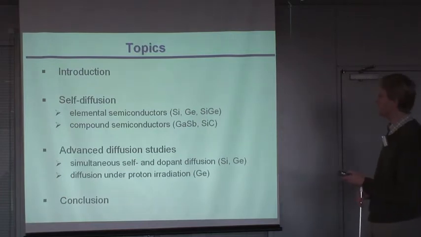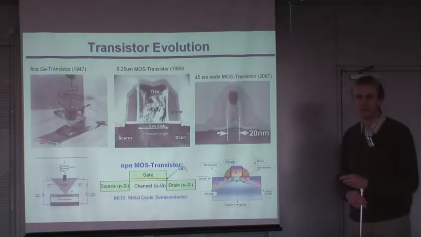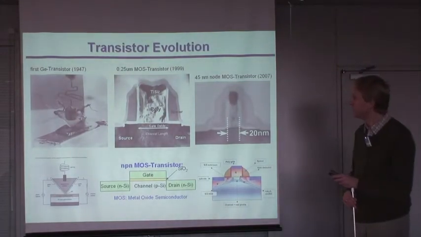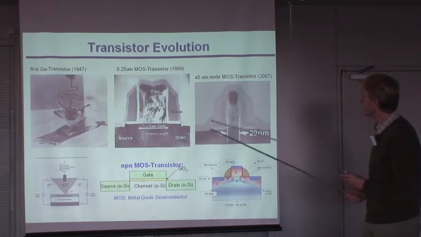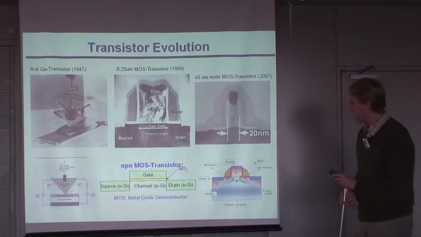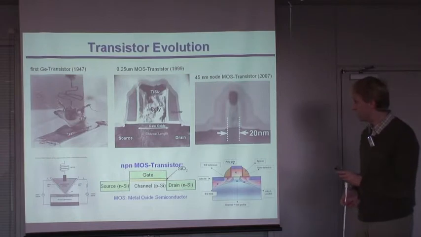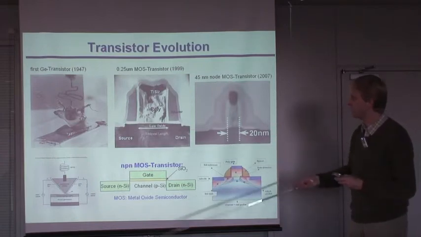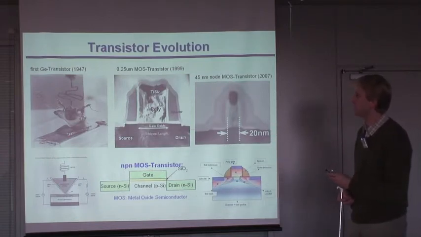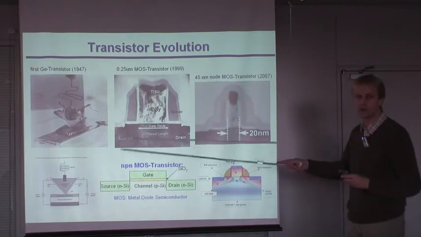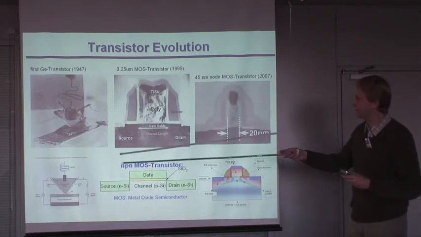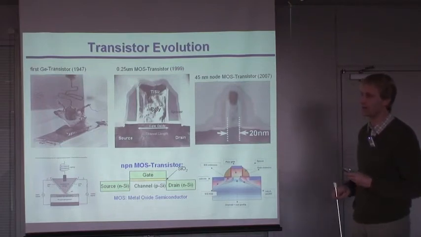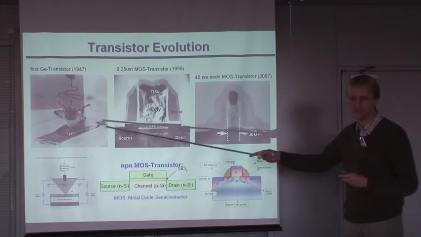Okay, let's start. As I mentioned, one of the driving forces in the diffusion in semiconductors is still the continuing shrinking of our MOSFET transistor. Most of you probably have seen the first transistor. It's a very huge one, and of course you could not make an integrated circuit out of such a thing.